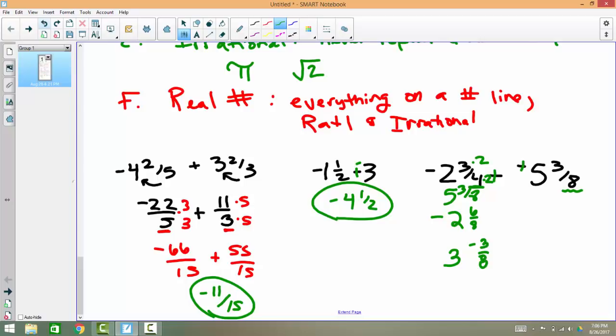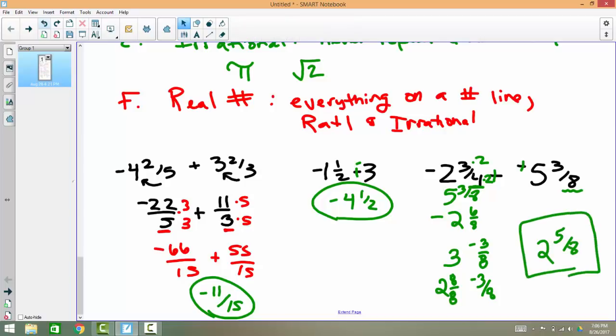So you've got a positive 3 and a -3/8. You're going to think of the positive 3 as 2 8/8 because that is 3. And then you've got the -3/8. So your final answer is 2 5/8. You could also make both of those improper if that is easier.